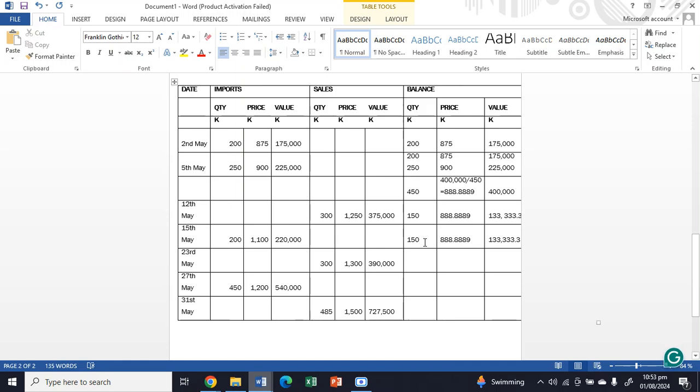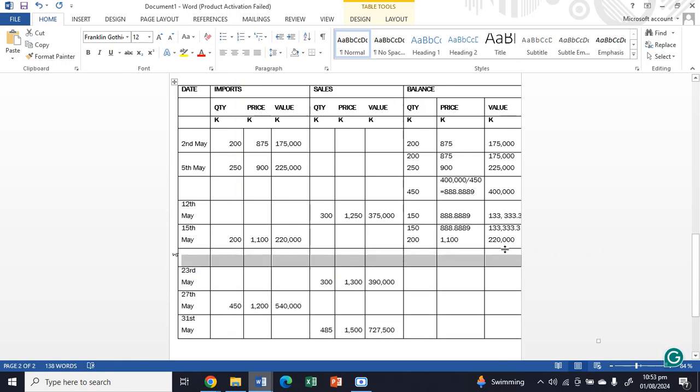Right. Now we've brought in 200 goods, each costing 1,100. 220,000 here. So we get our average cost. Right, so 150 plus 200, we have a total of 350 goods.